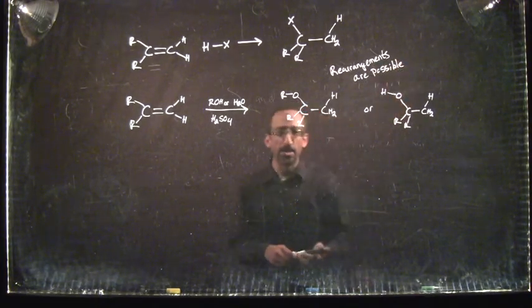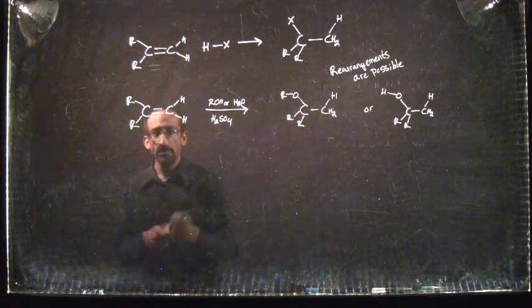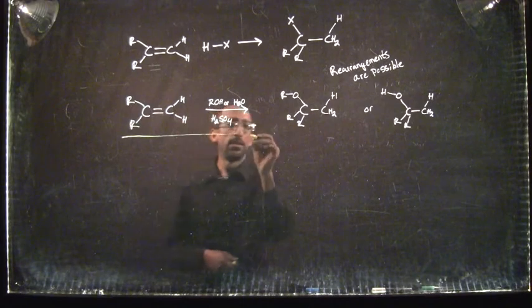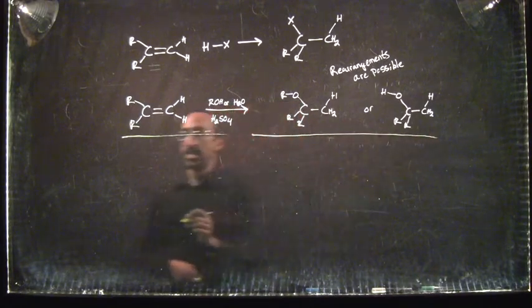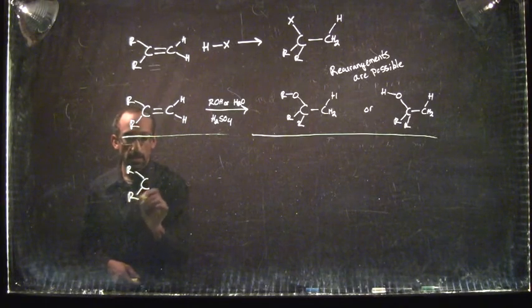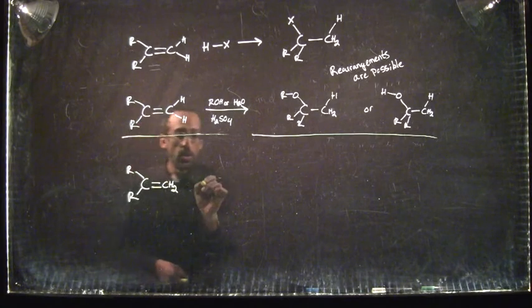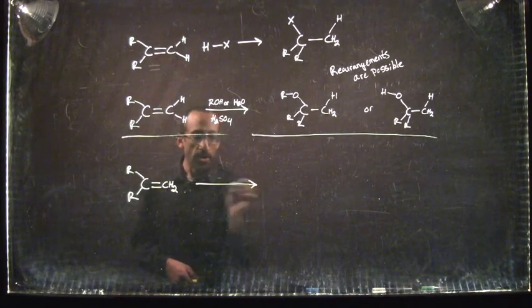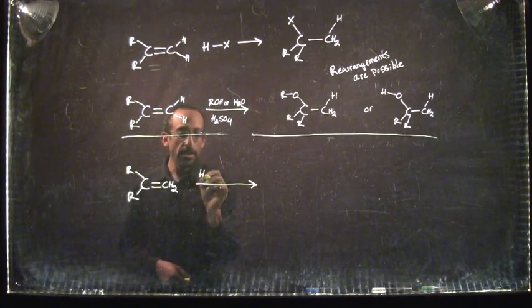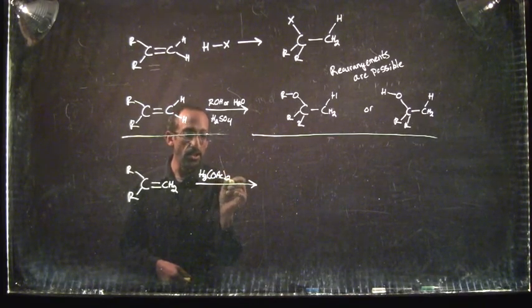Now, the final reaction we saw was the oxymercuration reduction reaction. And in that, again, we begin with an alkene. We're going to use mercury 2 acetate, which can be abbreviated HgOAc2.